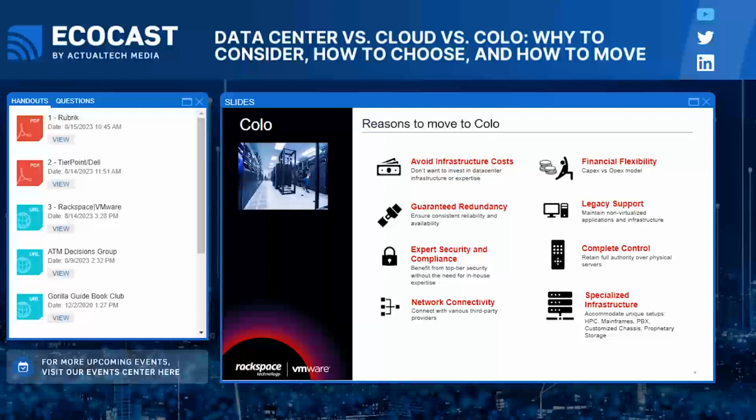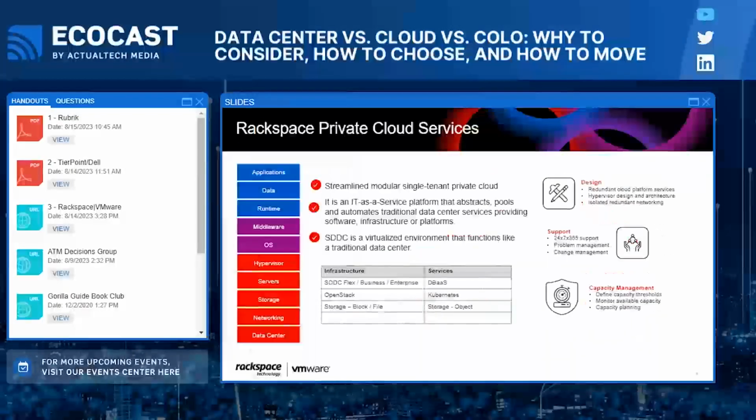Rackspace private cloud services, right? Like I mentioned, in this case, you do get a single tenant private cloud. It's an IT as a service platform. It abstracts all the underlying physical and networking infrastructure and provides an actual API programmable way to manage infrastructure.